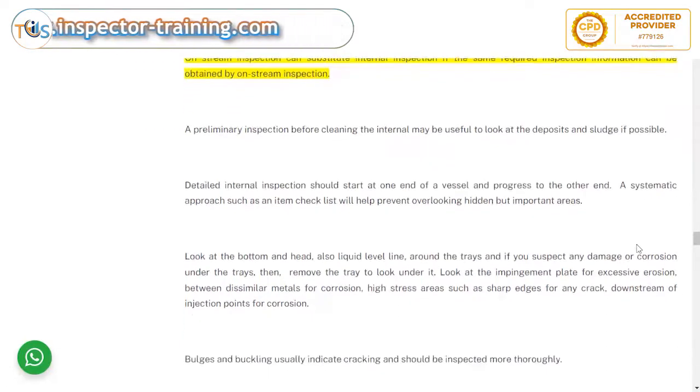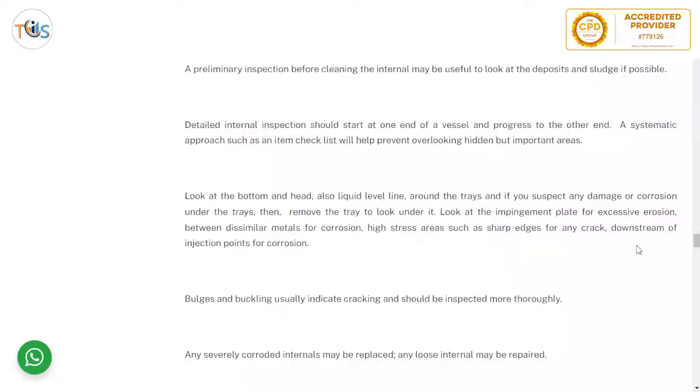A preliminary inspection before cleaning the internals may be useful to look at the deposits and the sludge if possible. So before you clean it, you want to see the evidence for sludge or deposits. Detailed internal inspections should start at one end of the vessel and progress to the other end. A systematic approach, such as an item checklist, will help prevent overlooking hidden but important areas.